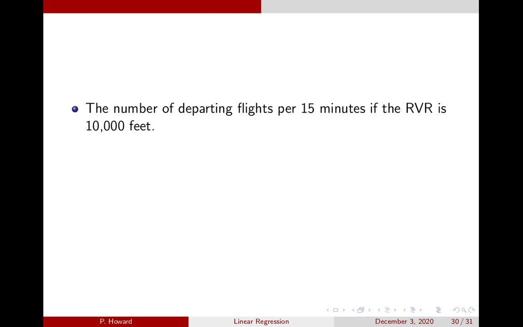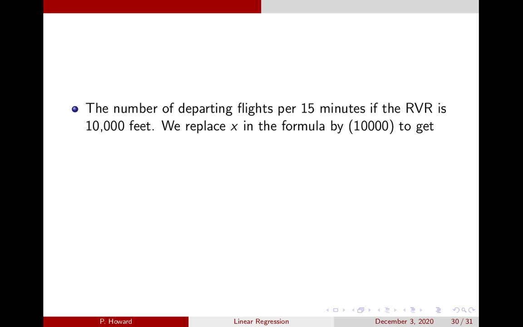And finally, I want to look at a really large value of the RVR, 10,000 feet. This is about the typical length of a runway at an international airport. So what does our linear function give us for the number of flights departing in a 15-minute period if the RVR is 10,000 feet?